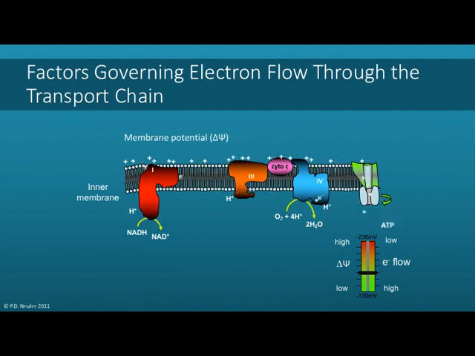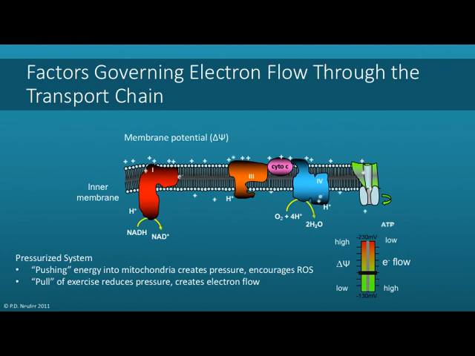Now we have much higher flow. We have a lower membrane potential. This is a much less reactive potential that's less likely to create reactive oxygen species. This also helps to alleviate the pressure of forcing energy into the electron transport chain.